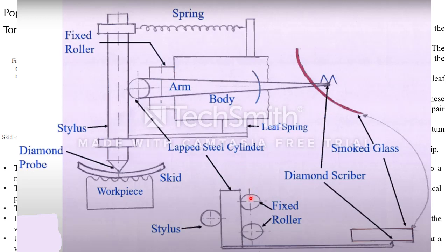If you see the top view, the two fixed rollers are firmly holding the stylus, and this is my cross roller or lapped steel cylinder, you can call it. So in between these three your stylus will be placed.